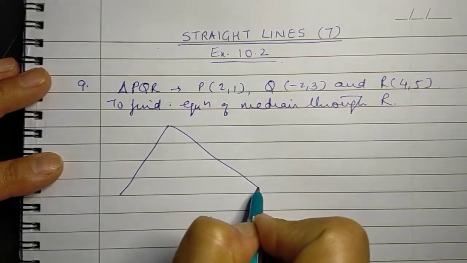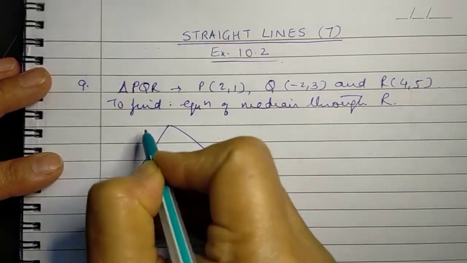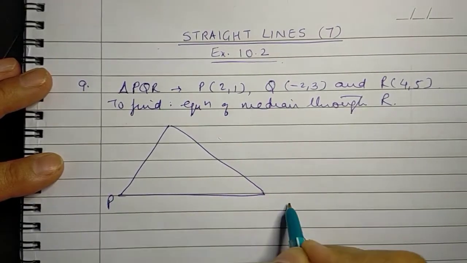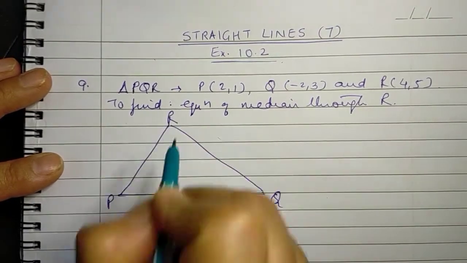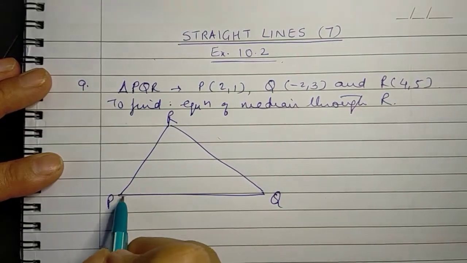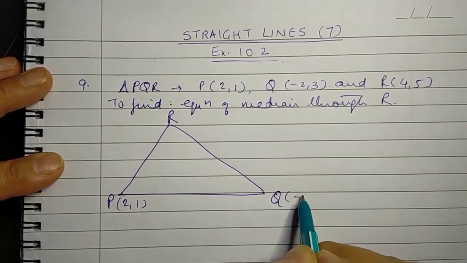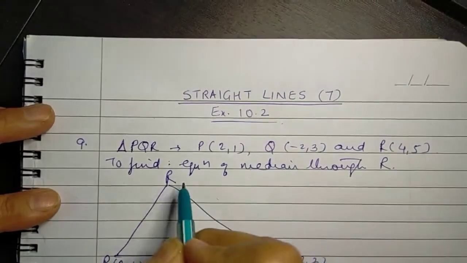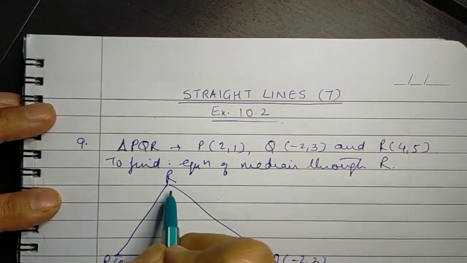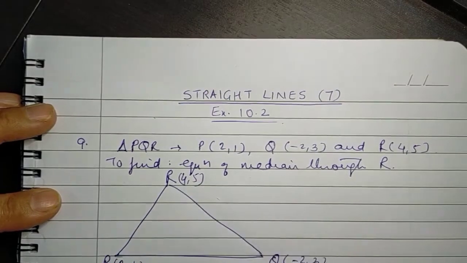rough sketch. Okay, so let this be P, let this be Q, let this be R. The coordinates of P are 2 comma 1, coordinates of Q are given to be minus 2 comma 3 and the coordinates of R are given to be 4 comma 5.